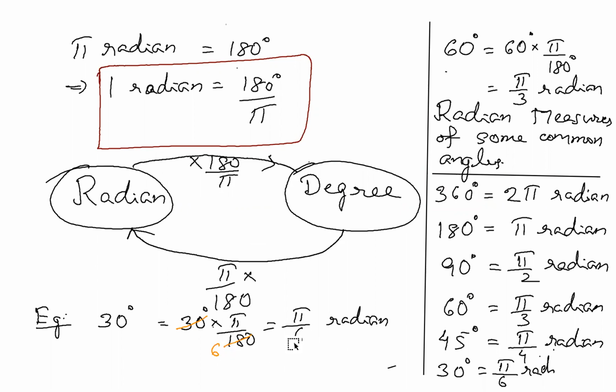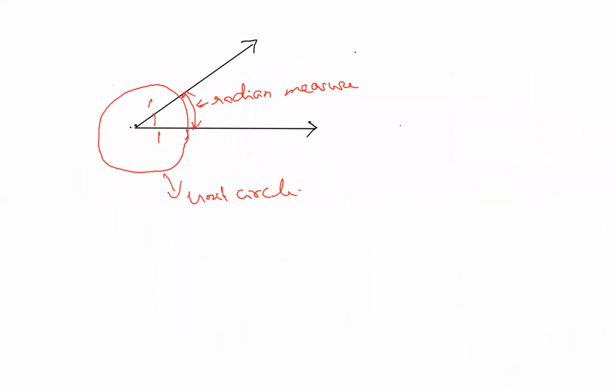So now the important angles: 360 degrees is 2 pi radian, 180 degrees is pi radian, 90 degrees is pi by 2, 60 degrees is pi by 3, 45 degrees is pi by 4 radian, and 30 degrees is pi by 6 radian. And now the radian measure for an angle we can easily calculate like this. This one no need to write in the notebook, I explained it just for understanding as doubt clearance.